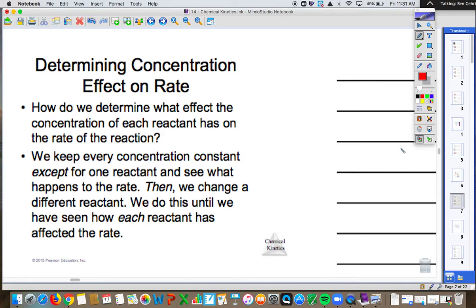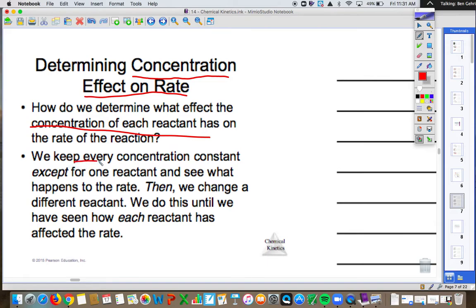And what we can do is look at how the concentration of a reactant changes the rate of the reaction. And so we can determine the effect that changing the concentration of each reactant has on the rate of the reaction. How we do that is you run multiple experiments, essentially.